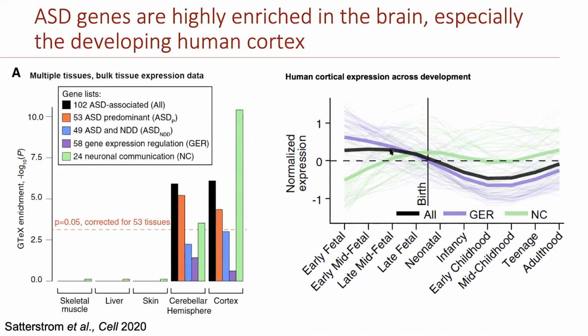So generally, the genes which we're interested in the brain are expressed at a higher level in the prenatal period than the postnatal period. This is particularly true for the gene expression regulation group, but actually less true for the neuronal communication, where they tend to rise across prenatal development and then plateau. And so these profiles are really surprisingly distinct.